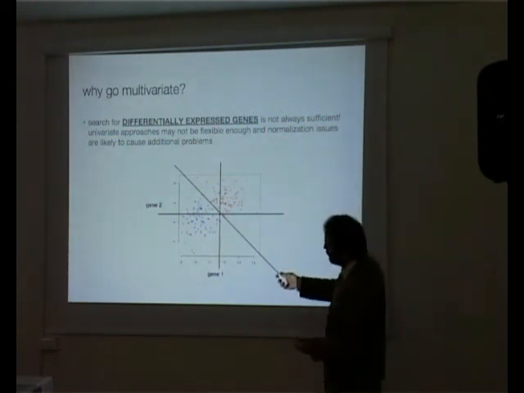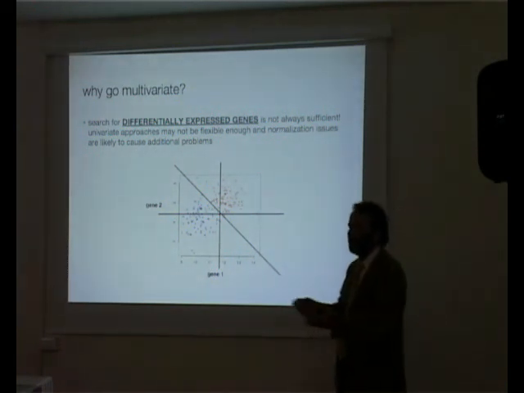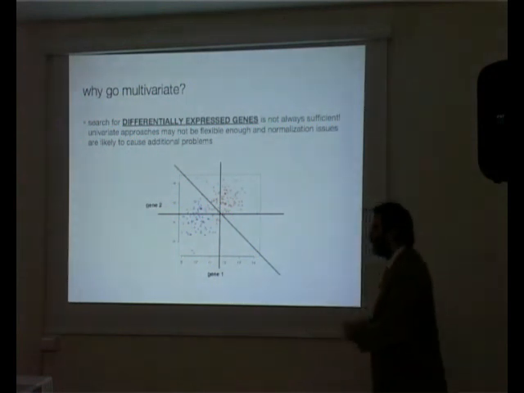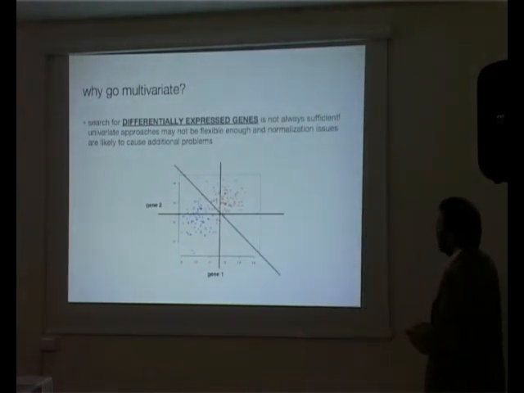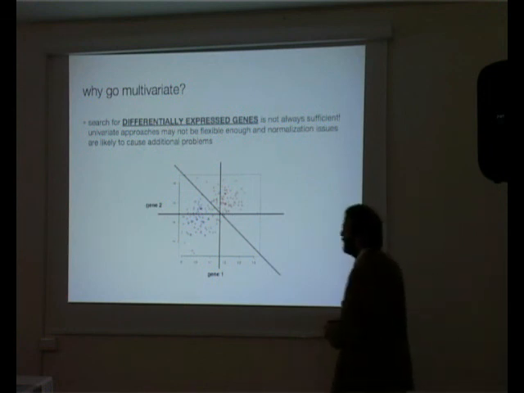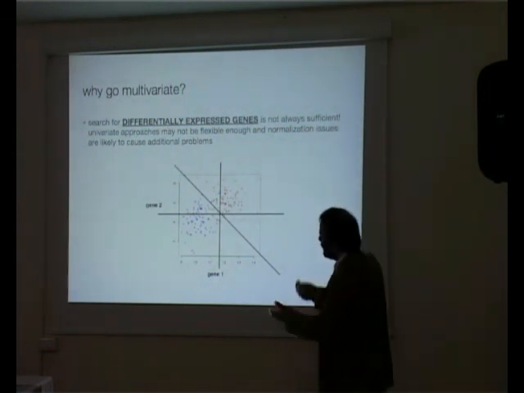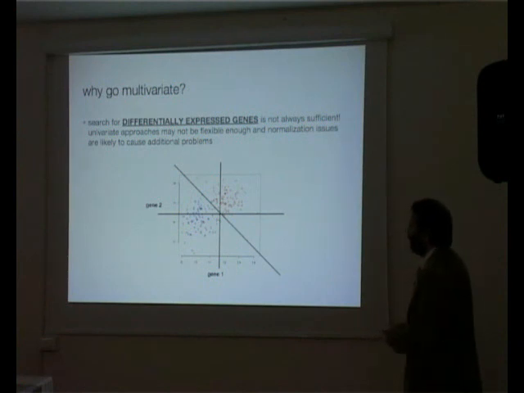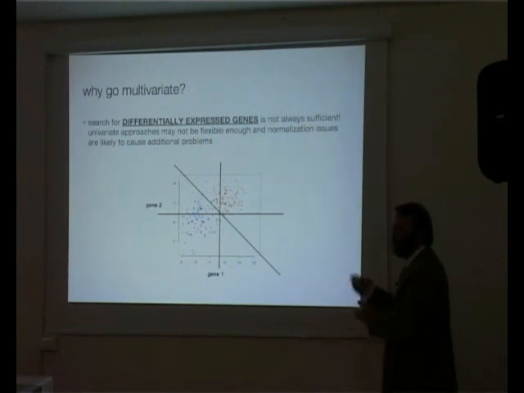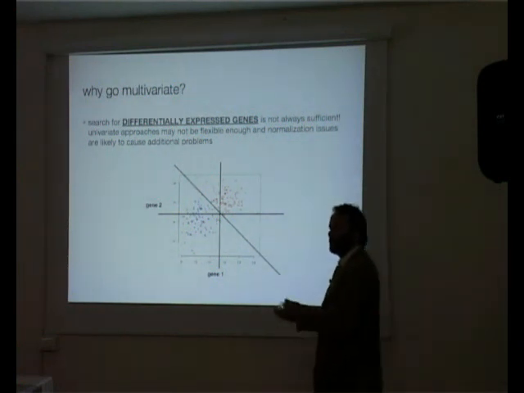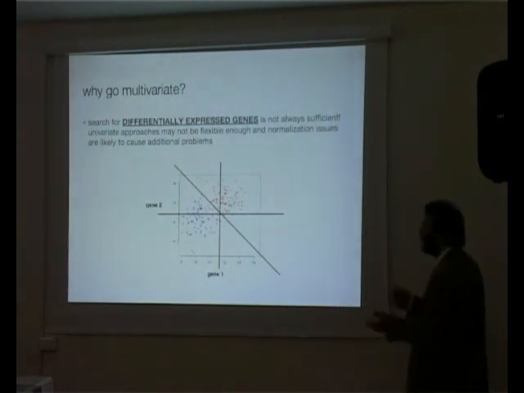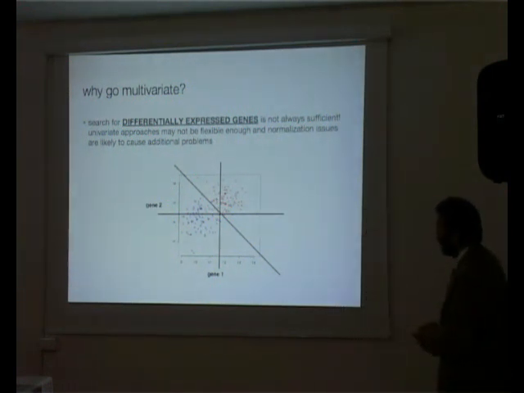This is 2-variate, but we're actually 54,000-variate, right? So we're going all the way up. There are several reasons that we want to do that. We might need more flexibility. For example, we just learned, and you see an example of this, that normalization is one of the issues that could hide the different levels of expression of genes.